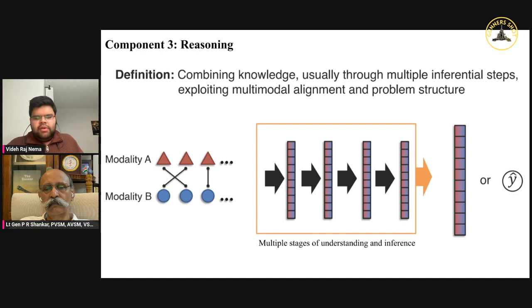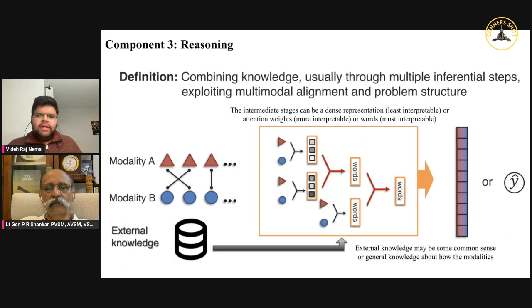In very simple terms, this could be a feed-forward neural network. In more complex terms, it could be something like a transformer. Nevertheless, you pass it through many, many layers of understanding. It has a lot of trainable weights, and there are techniques to have intermediate stages be interpretable also. So this is the third step.